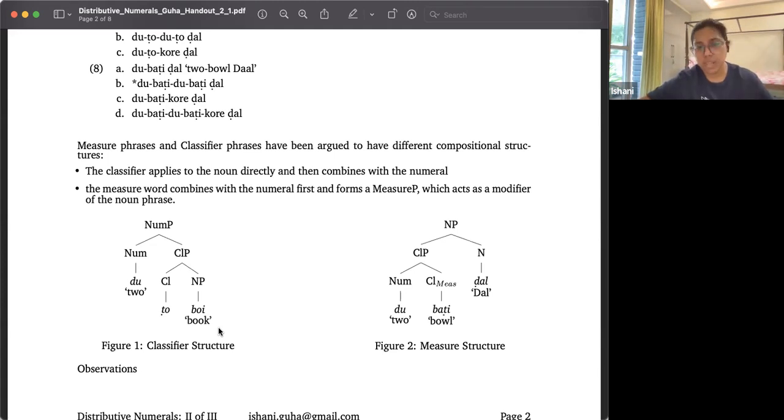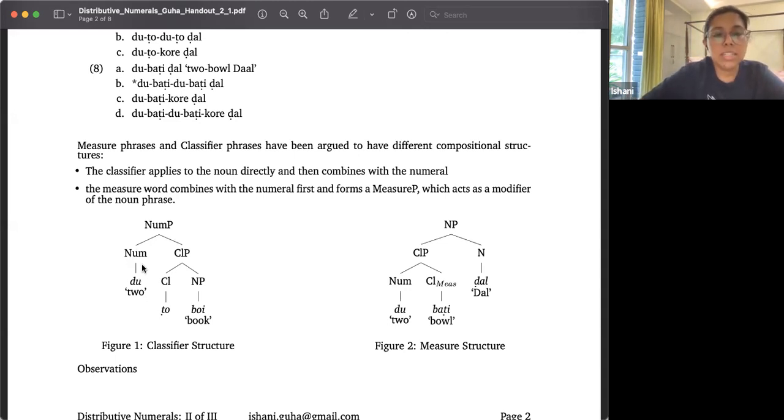There's some complexity there too, whether the classifier phrase applies on the numeral or the numeral applies on the classifier. There's a debate about that, so I won't go into it, and that's a puzzle in itself.